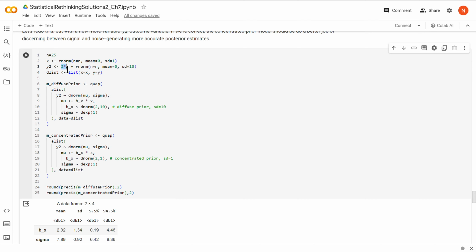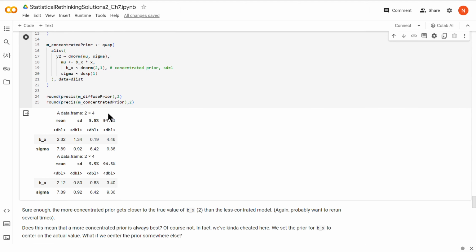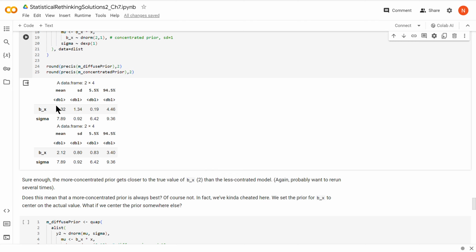and that's going to change with the fact that we randomly generated this data. So whether or not the data actually came out to where 2 was the best estimate has to do with the random sampling. But anyway, when we look at the posterior distribution for our values, we see a couple of things. Here's the summary for the concentrated model, and the top one is the summary for the diffuse prior model. We see, one, that the concentrated prior is much closer to the actual value of 2 than the diffuse model.